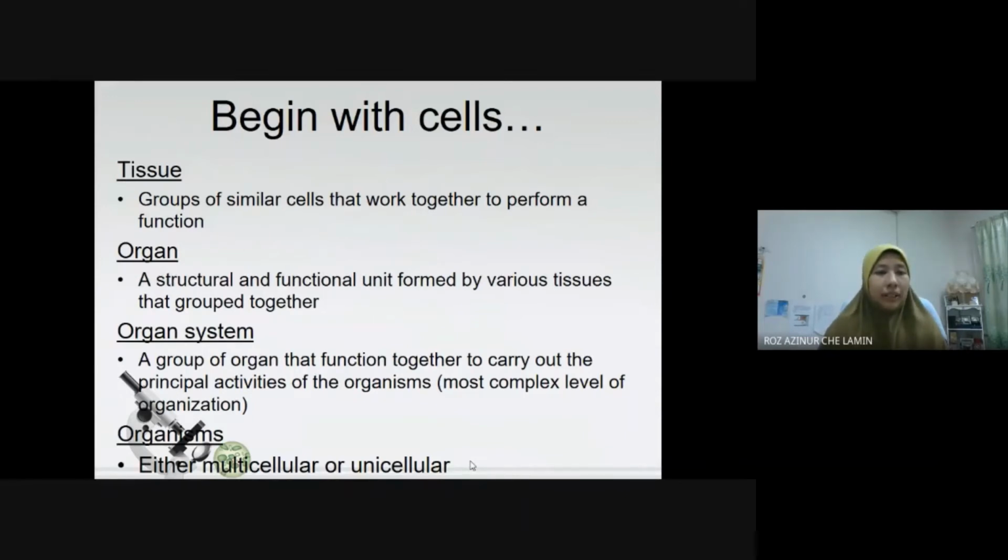An organ system is a group of organs that function together to carry out the principal activity of the organism. It is the most complex level of organism, and organisms are either multicellular or unicellular. You faham tak?